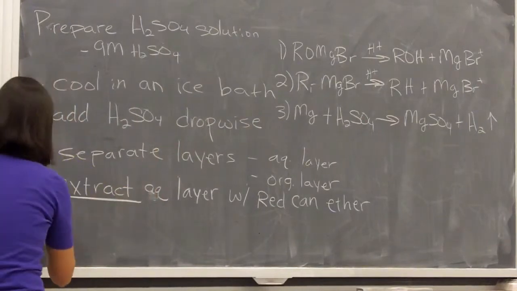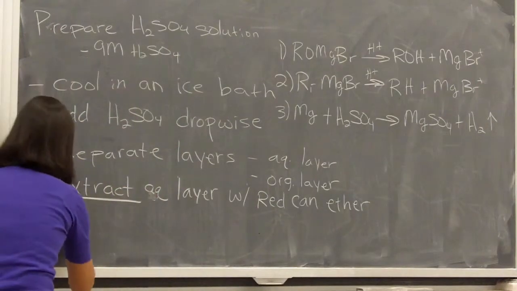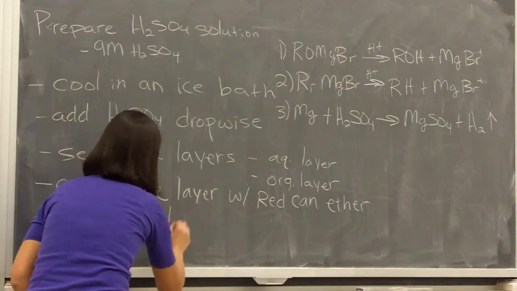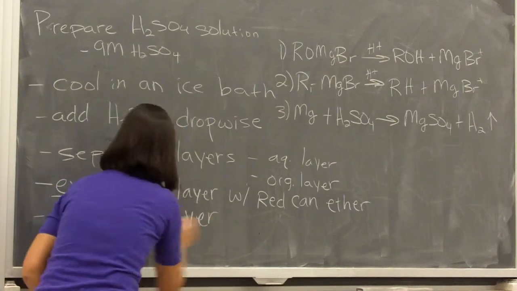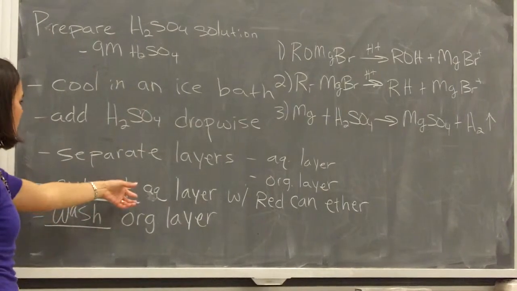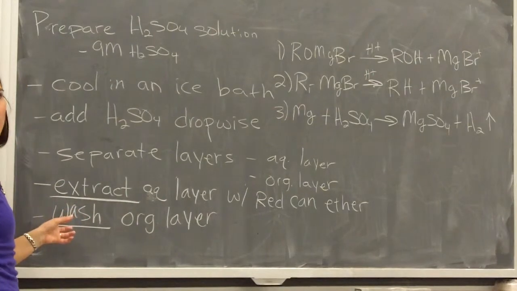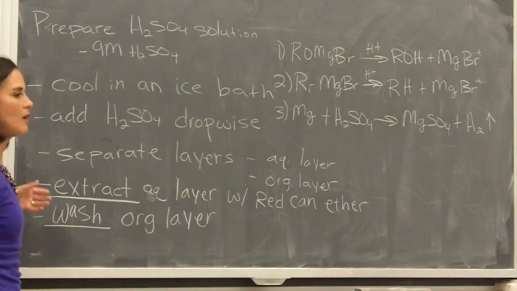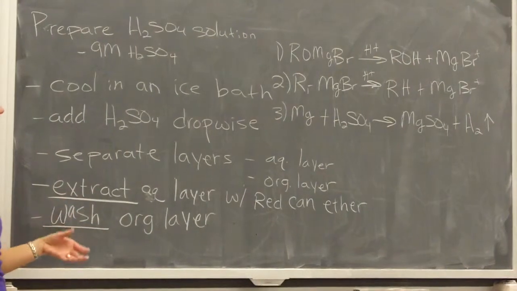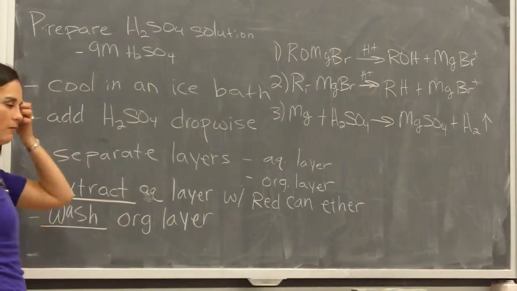Then you're going to take that combined organic layer and you're going to do what is called wash the organic layer, okay? Now when we wash, we're removing things away from the layer that has all our product in it. So extracting is getting more product out of the layer we don't want to keep. Washing is getting things like salts and so forth away from that organic layer that we don't want in there.